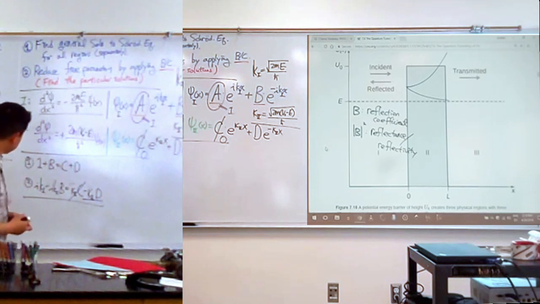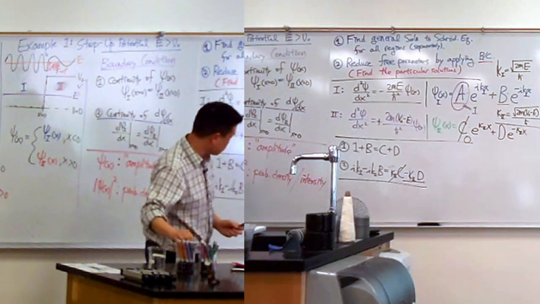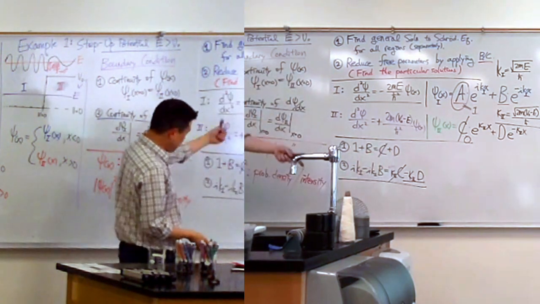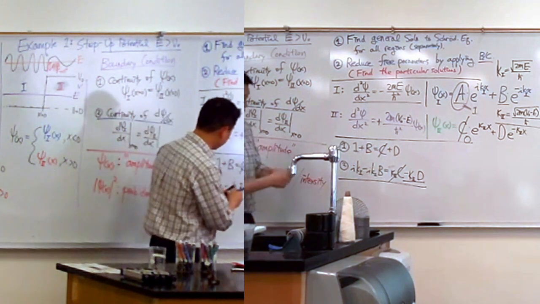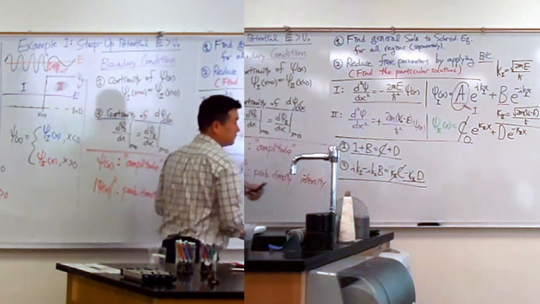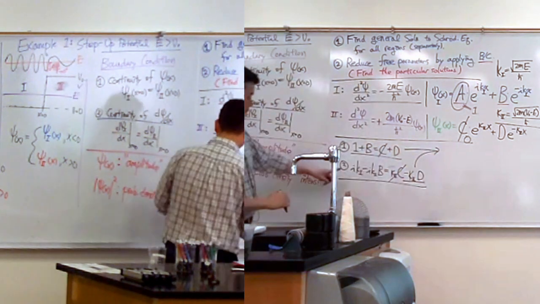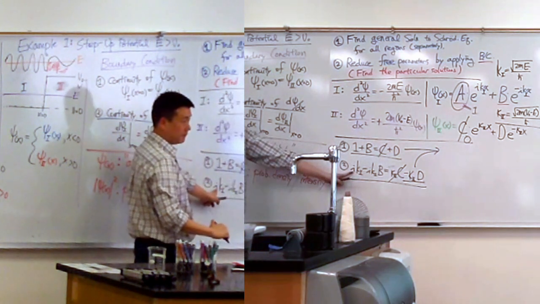So I have to get rid of this C here also. So let's eliminate it and solve for B. I already have this solved for D, so I'm just going to plug this in here. And when I do that, I cannot get rid of this i anymore, right?